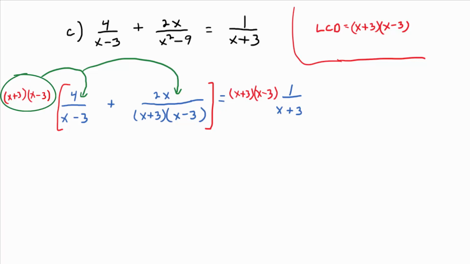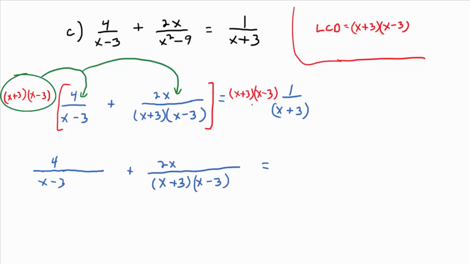So when we rewrite this, again, this is a step I wouldn't show. I'm going to rewrite the problem and then leave some room for it to land in the numerator. The right-hand side we can simplify right now, by the way. What's going to go away? X plus 3. So just x minus 3 times 1 is left, which is just x minus 3.